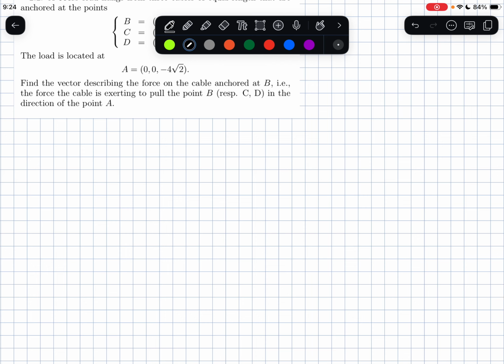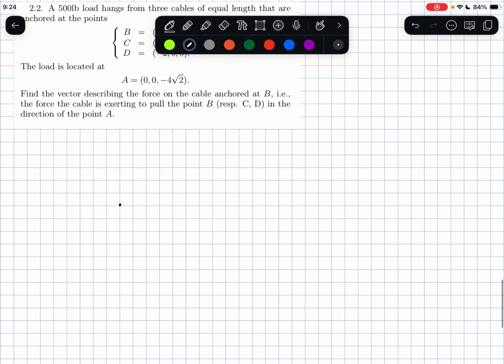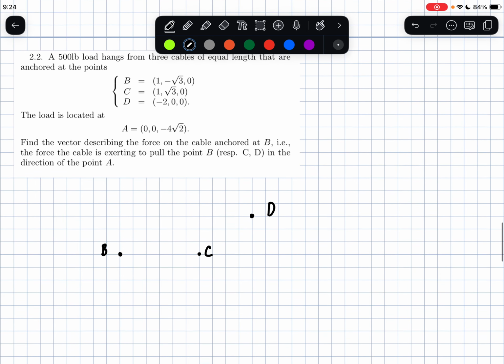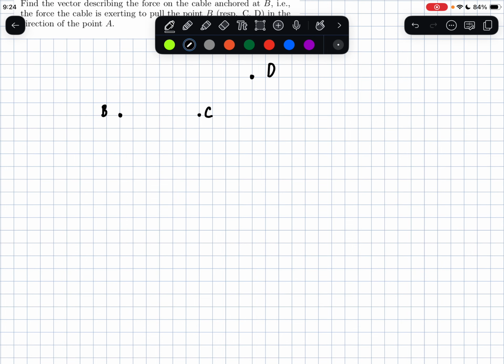We don't need to draw the 3D space to do this exercise. Just pretend B is here, C is here, and say D is here. So we have A somewhere here.